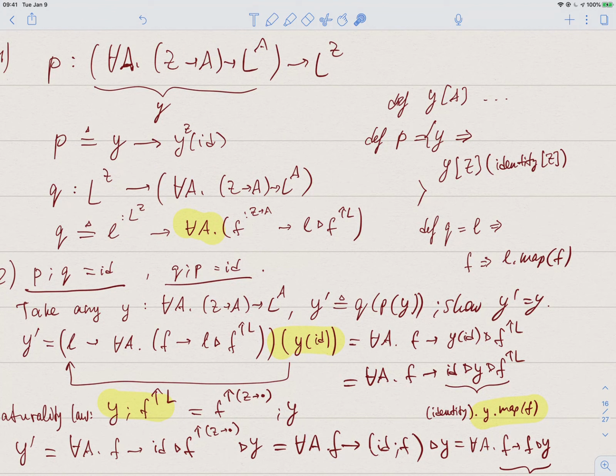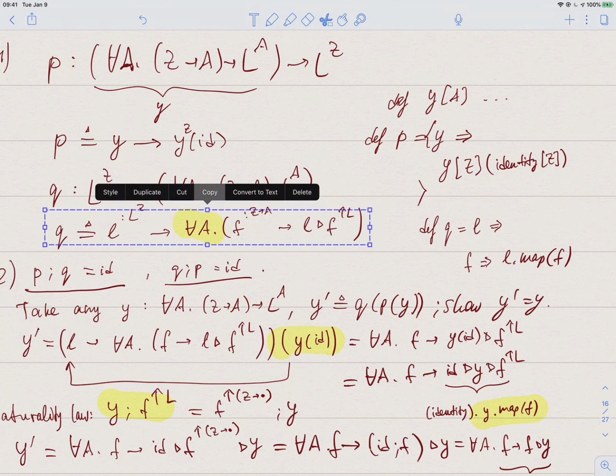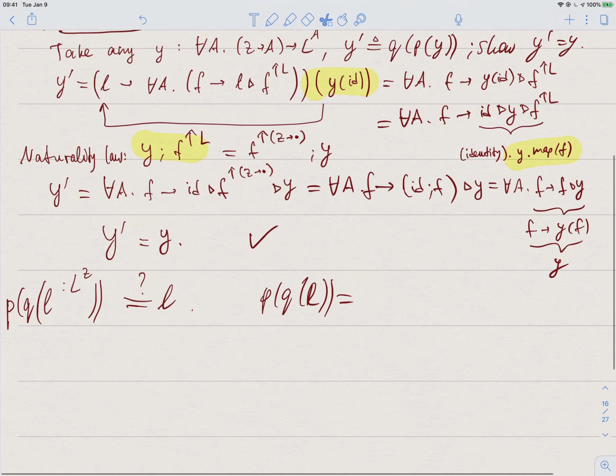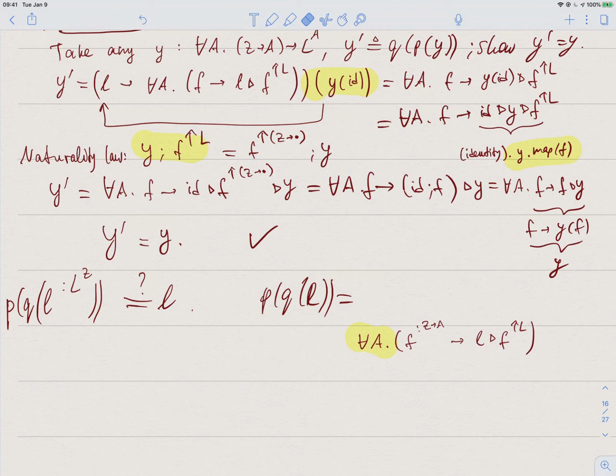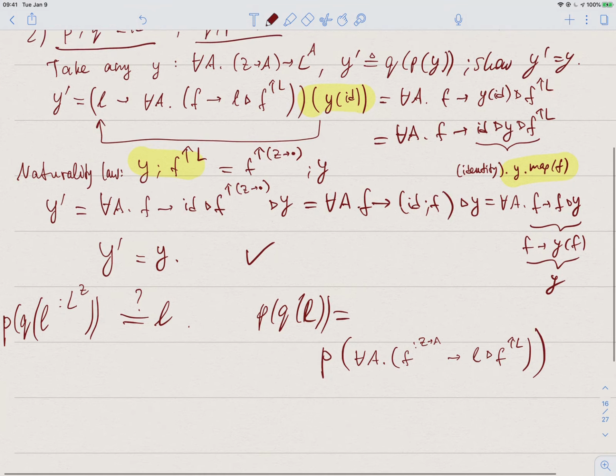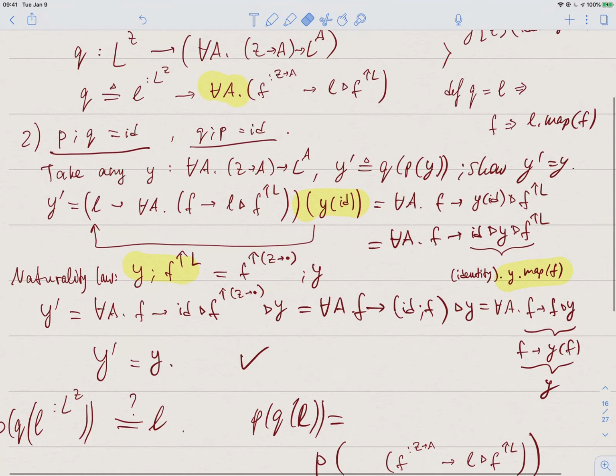So it is L, let me just copy that. And so Q is this, so Q of L is this. And now we have P of Q of L. So what is P of that? So I can just remove this for all A, since it's just a type annotation. In the code it does not really occur.